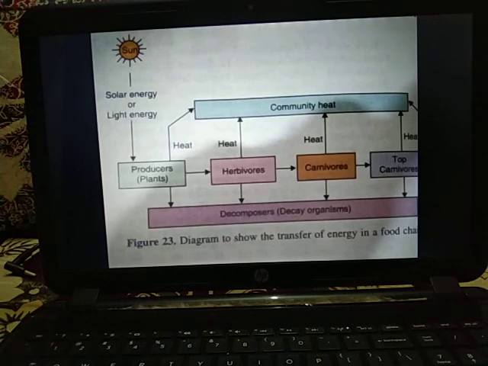So we can say that only 10% of the energy is transferred, and a very small amount of energy remains available for the next trophic level. And to prevent the loss of energy, to obtain maximum energy, the food chains are shorter and have fewer trophic levels.